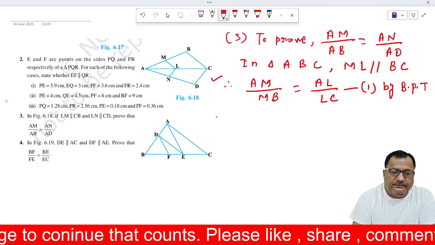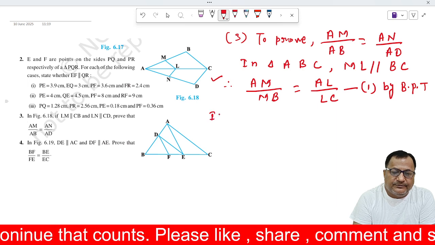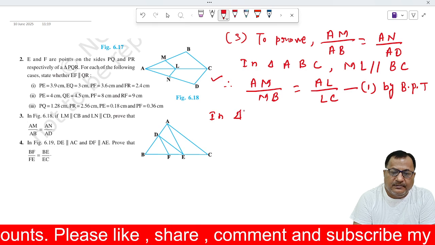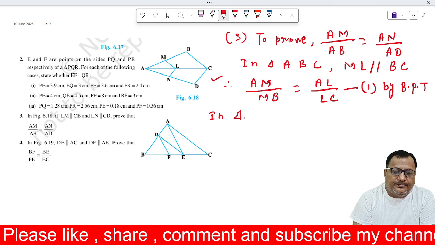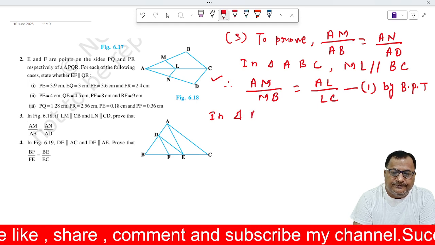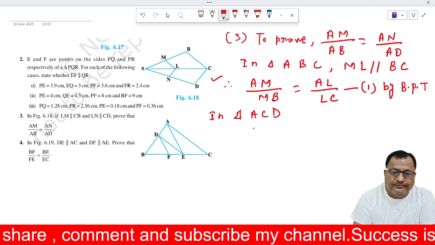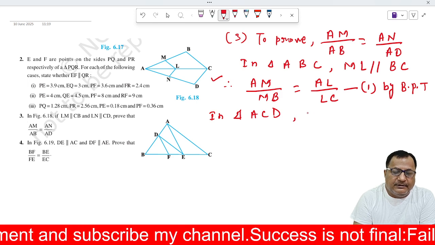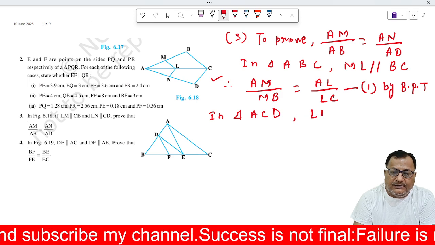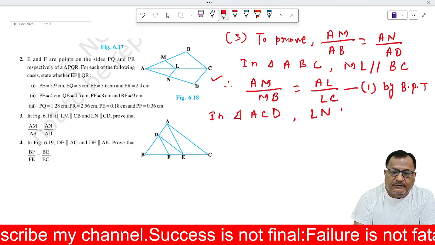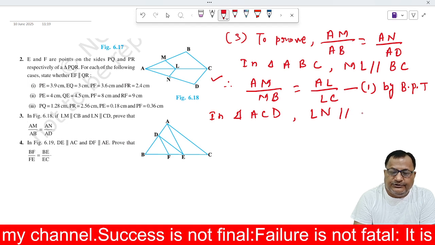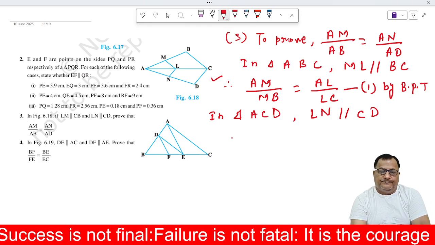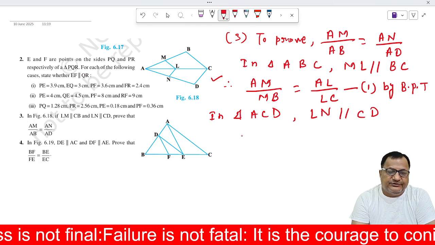Similarly, in triangle ACD, LN is parallel to CD.